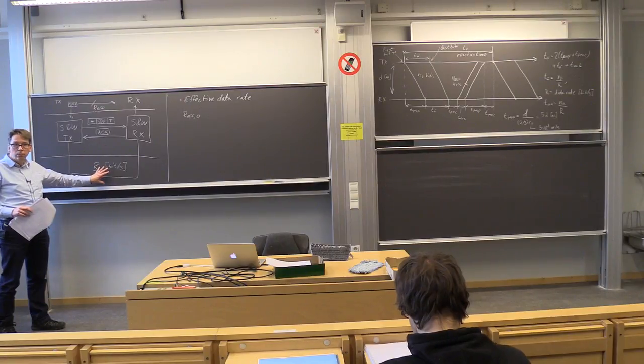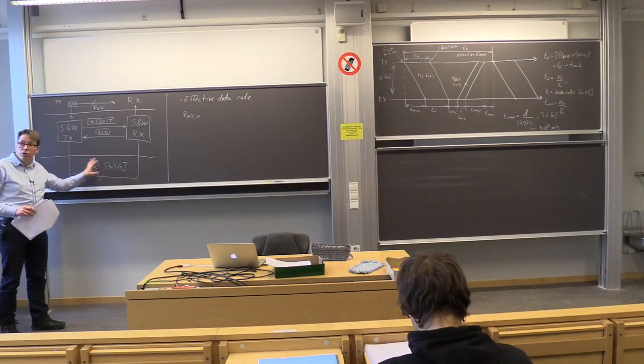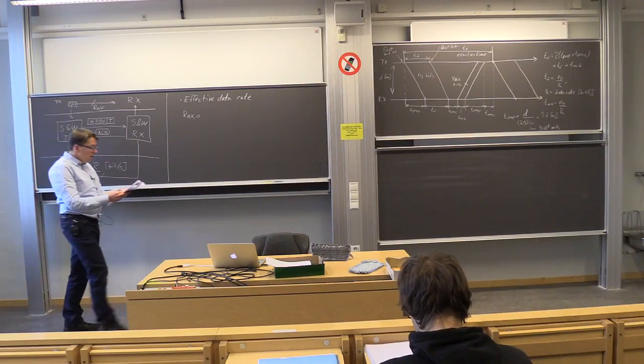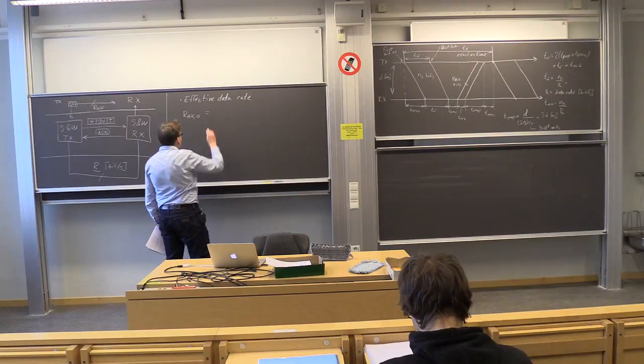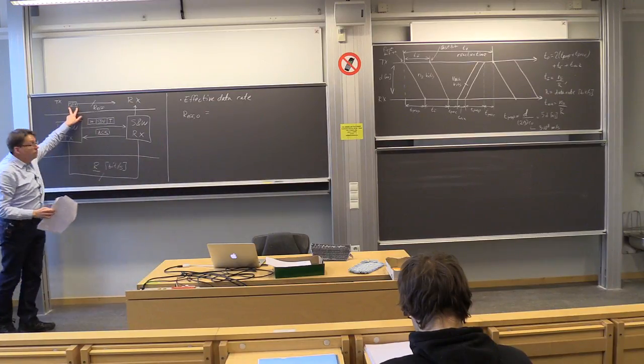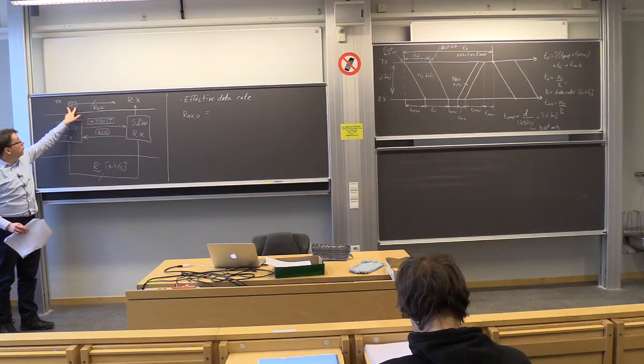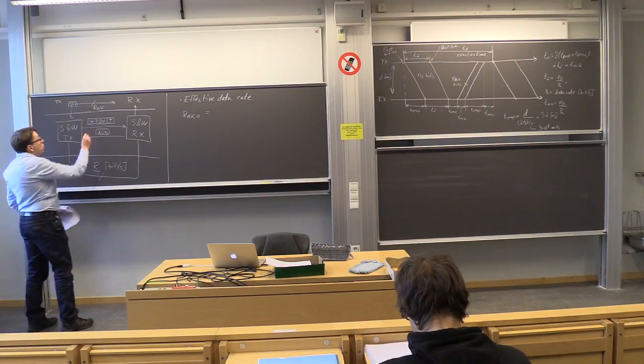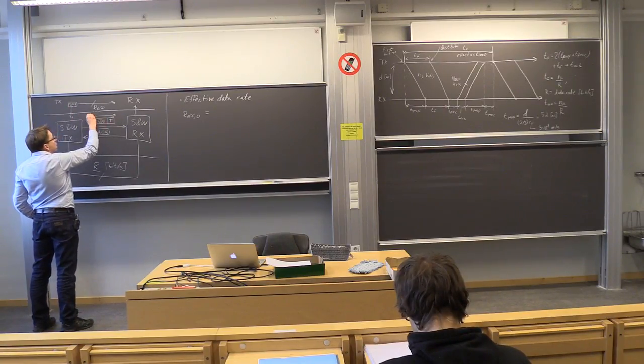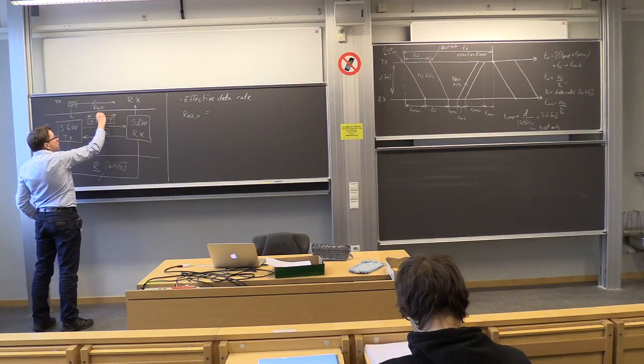But this is the best we can hope for when transmission is error-free. So what is the effective data rate? Well, it's the number of bits in the service data unit divided by the time it takes to deliver it. So what is the number of bits in the service data unit? Well, we know that the whole frame here has N_F bits in it.